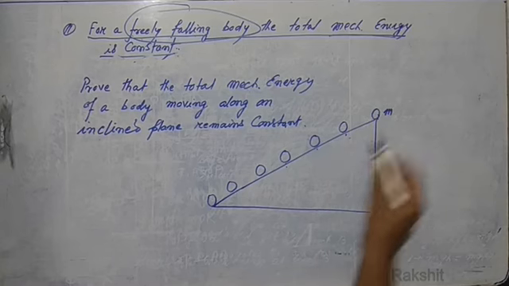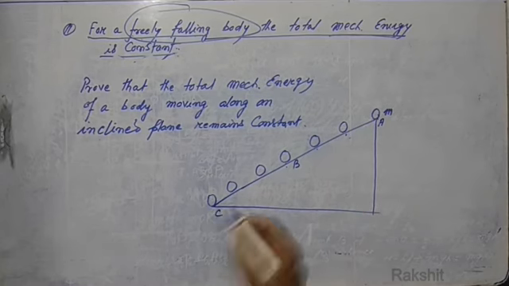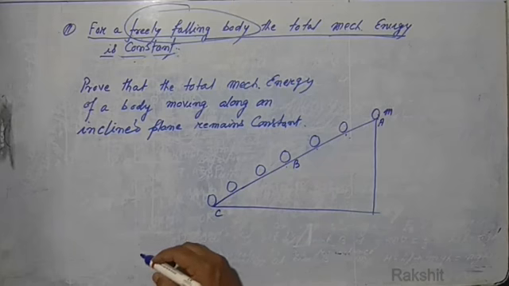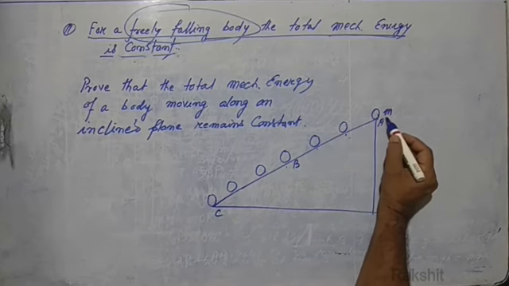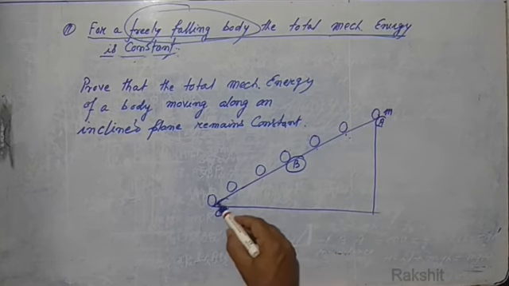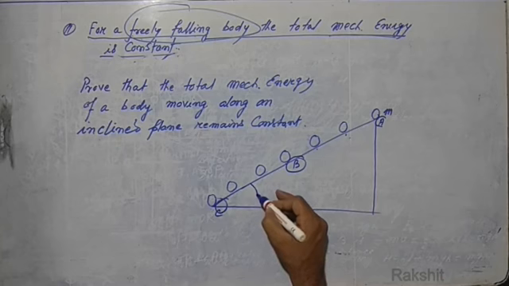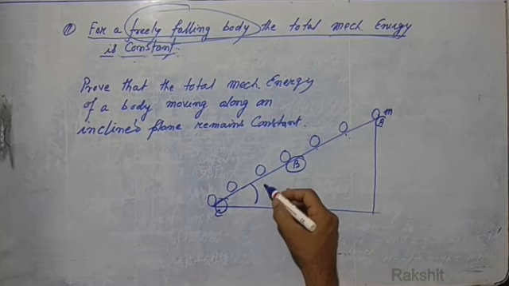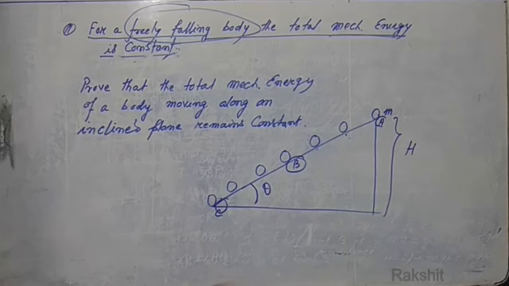This is point A, this is point B, and this is C. You have to prove the total mechanical energy of this body at this point is equal to the total mechanical energy at this point. For the sake of your proof, you may take the angle as theta, and this height is equal to capital H.